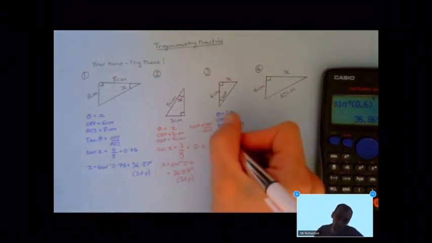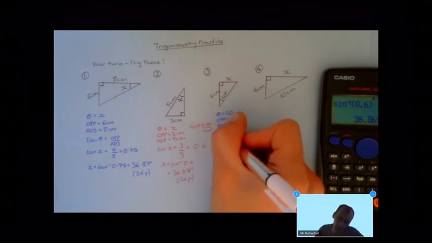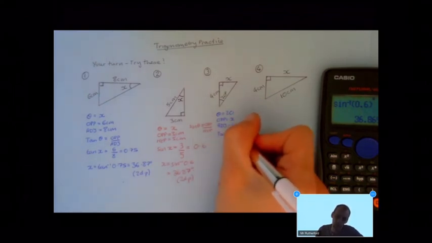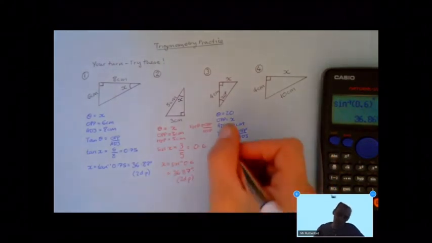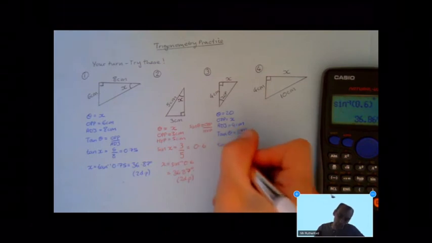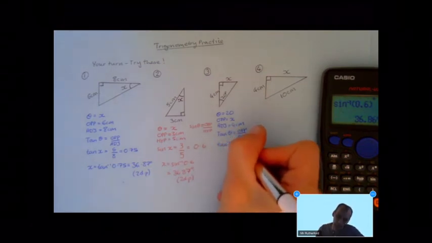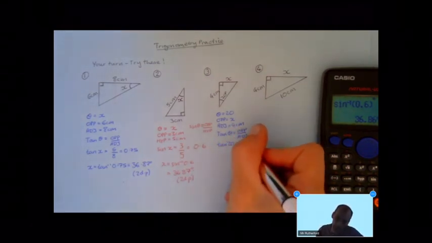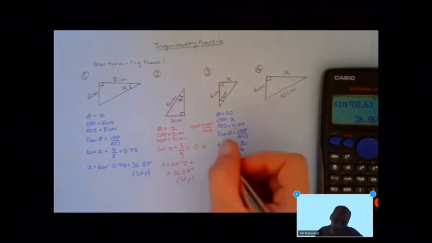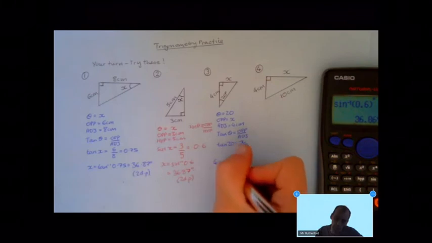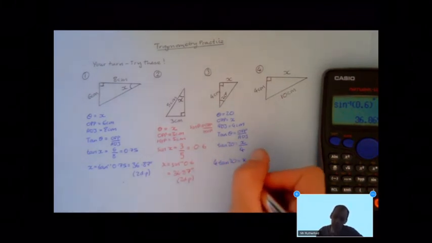So O and A, TOA or tan of theta is equal to opposite over adjacent. We substitute our numbers in. So tan of 20 is equal to x divided by 4. So to get x on its own, times both sides by 4. 4 tan 20 equals x.